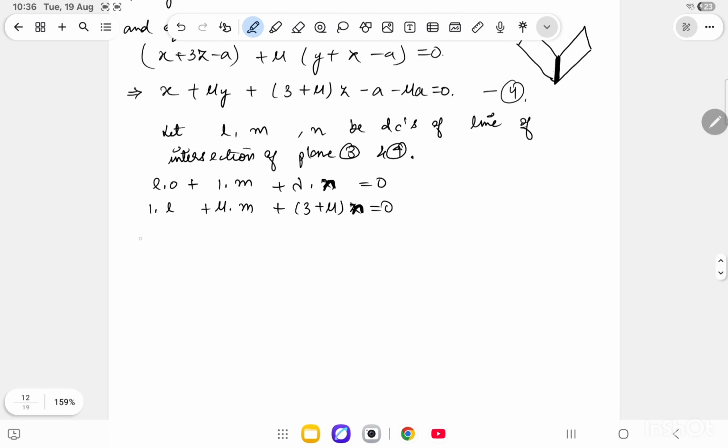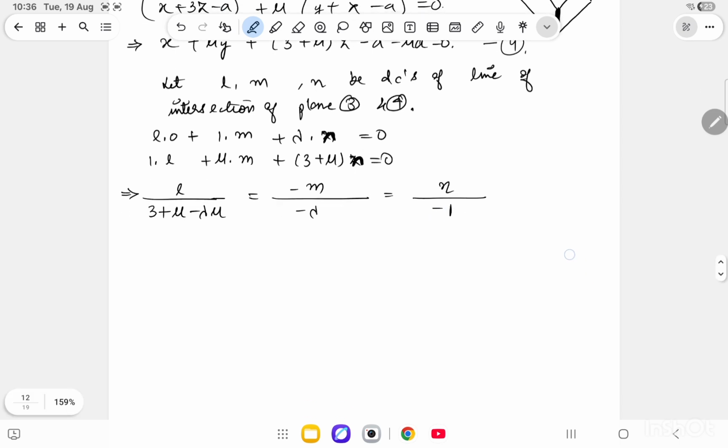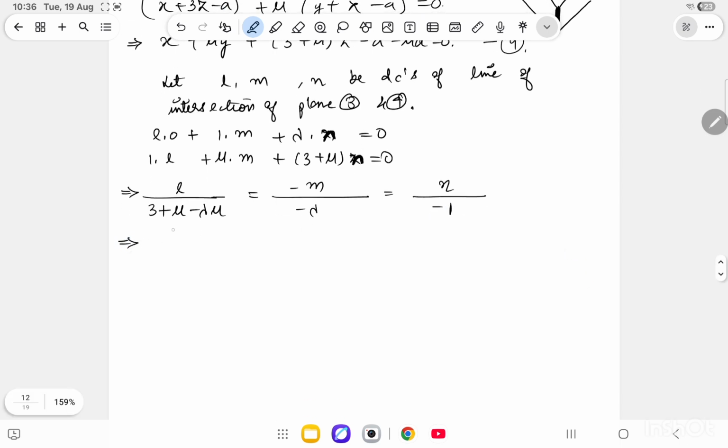So using cross multiplication we can solve it for L, M and N. It will be L upon (3 plus mu minus lambda mu) equals M upon minus lambda equals N upon minus 1. So the direction cosines of the line of intersection are (3 plus mu minus lambda mu), lambda, minus 1.